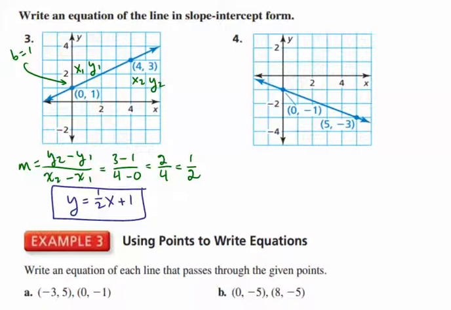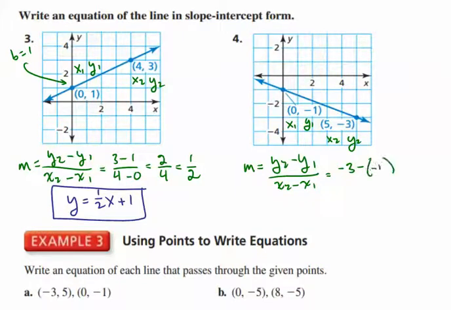Next, label the points: x1, y1, x2, y2. M is equal to y2 minus y1 over x2 minus x1. y2 is negative 3 minus y1, which is negative 1, over x2, which is 5 minus 0.